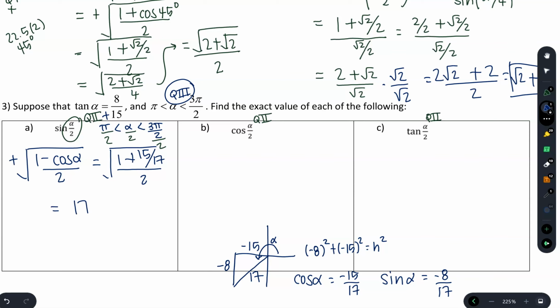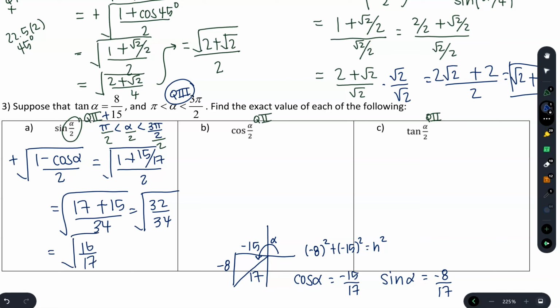So that'll be 17 plus 15 all over 34? My math is struggling today. So that's square root of 32 over 34. Does that reduce any? That reduces to the square root of 16 over 17. Let's just leave it like that for right now.